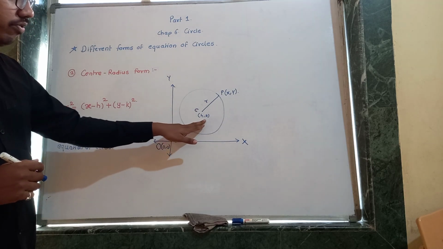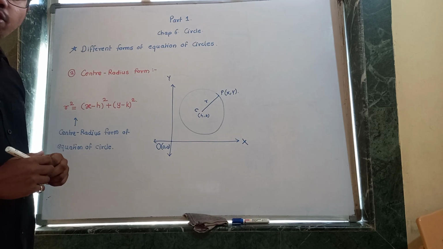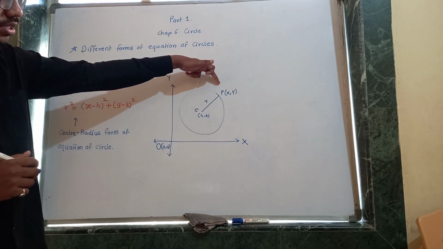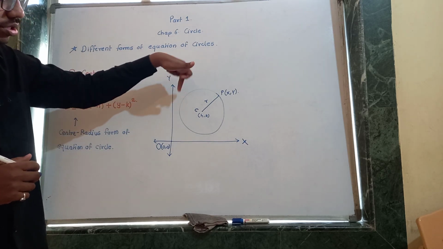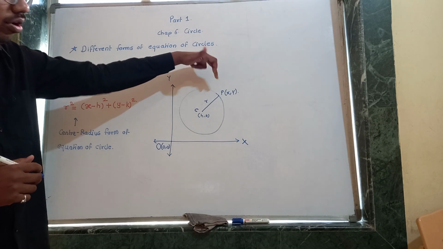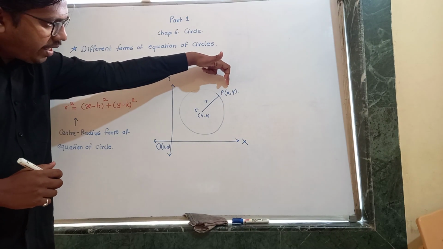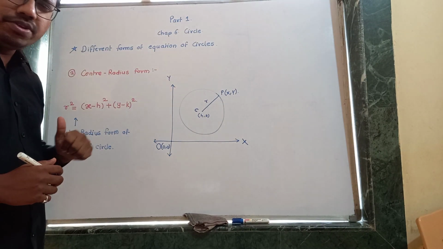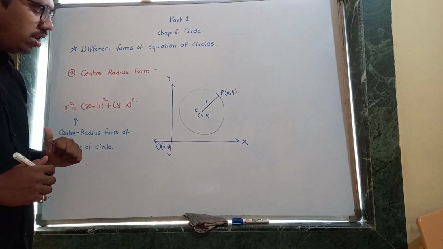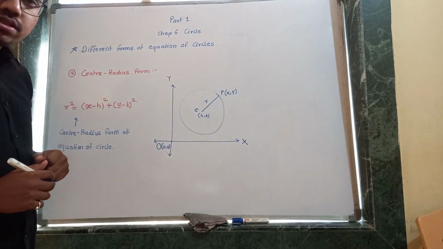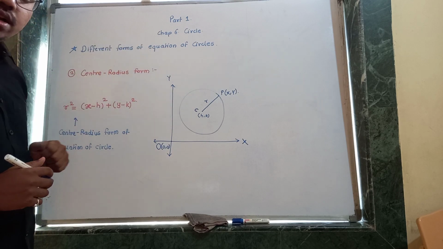For that we have the coordinates h comma k, and there is again a point P which is on the circumference of that circle. For that we have coordinates x comma y, which is similar to the previous one. The radius is again noted as r.